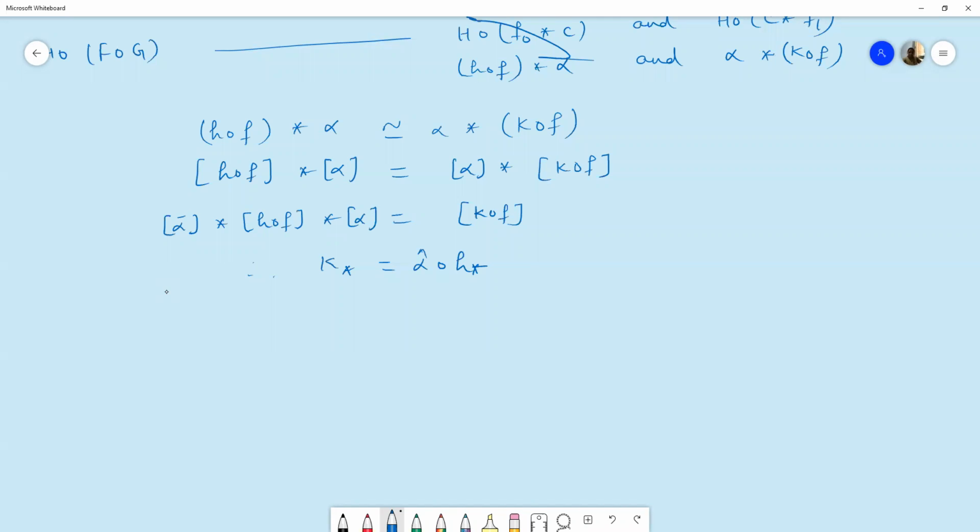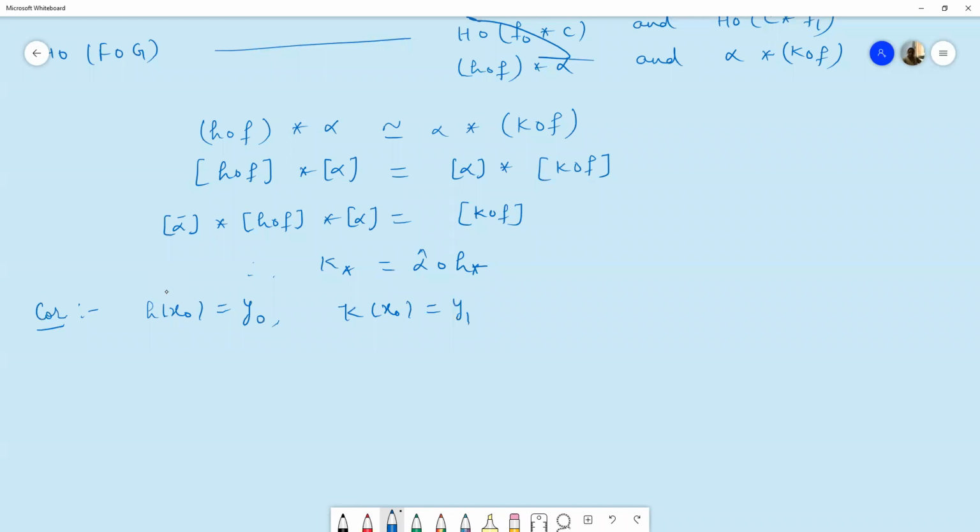Now this lemma has some corollaries. If in this lemma we take H and K to be homotopic continuous maps such that H of x naught is y naught and K of x naught is y1, and if we assume that H star is injective, then so is K star. Similarly, if H star is surjective, then K star is also surjective.